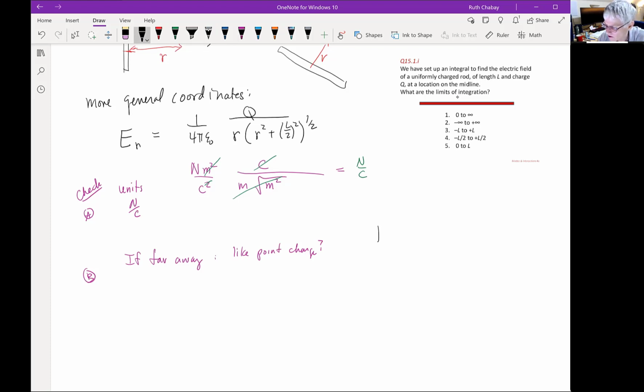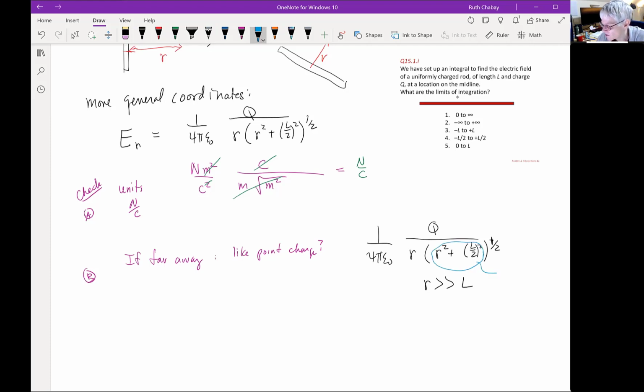In our expression here, 1 over 4 pi epsilon 0, q over r squared plus L over 2, the quantity squared, to the 1/2. If we're very far away, that means that r is much, much bigger than L. So here we are with our approximations again.